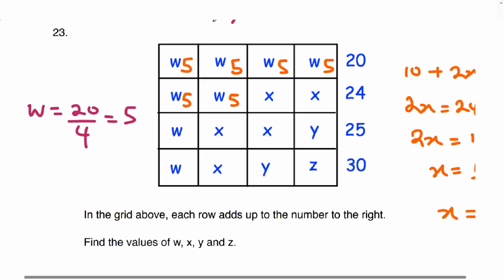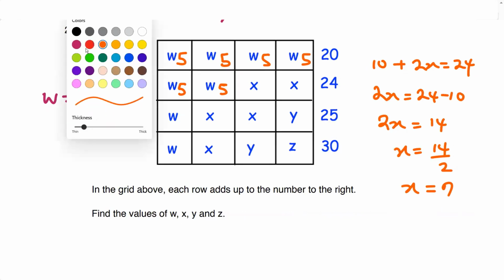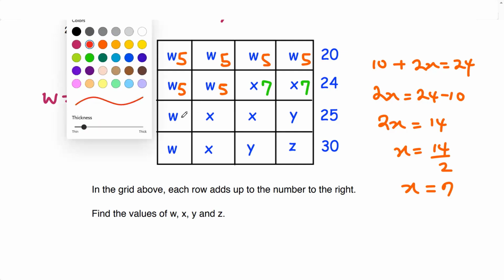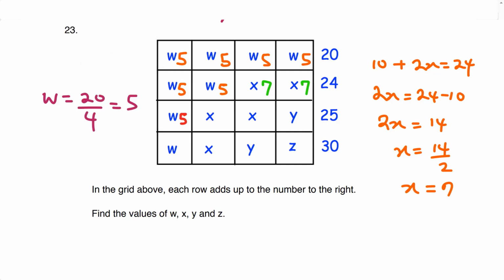So now we know something very interesting here, that x is 7 here, and then here is 7. So now we can go in here again and replace what we know. We know w to be 5, and then we know x to be 7. So we can use these values to work out y.